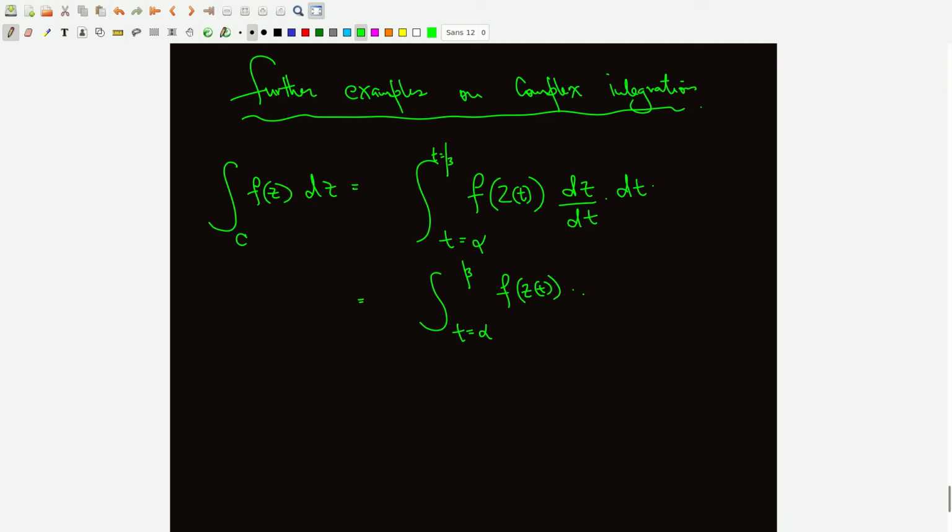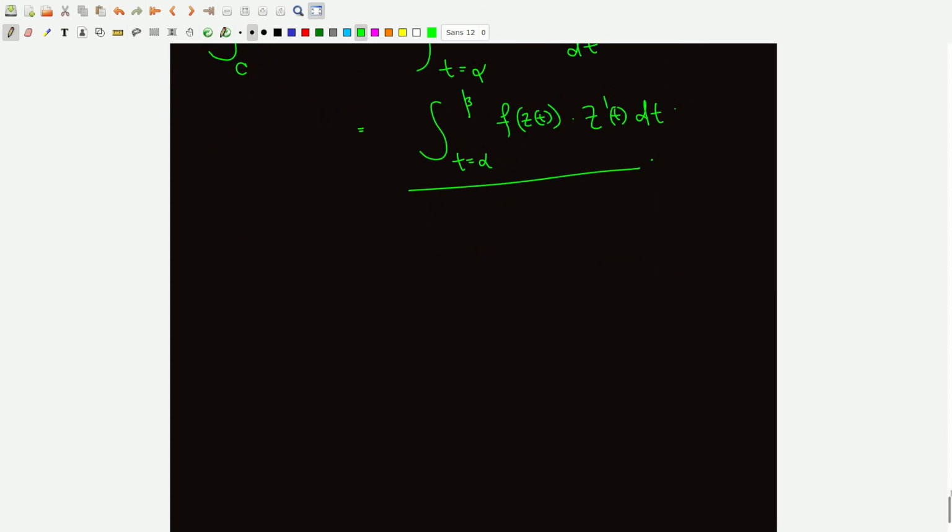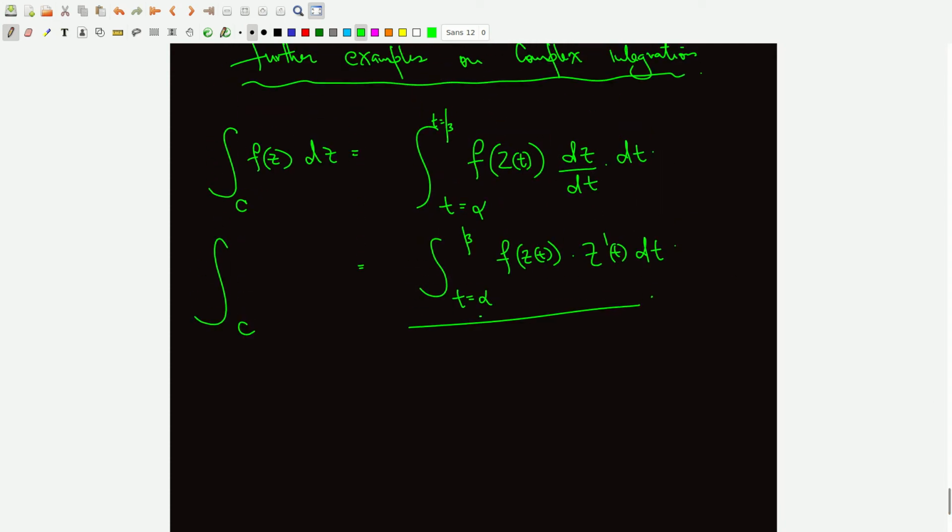This one here will give us z dash t and then dt. So we'll make this change of transformation, and then rather than integrate over that path, we shall now integrate over this straight line t.